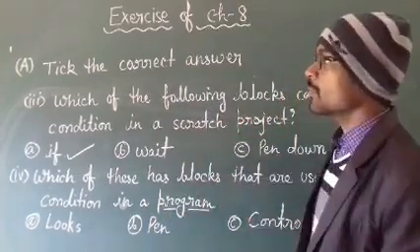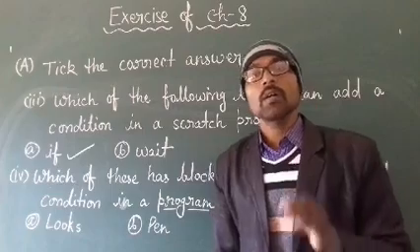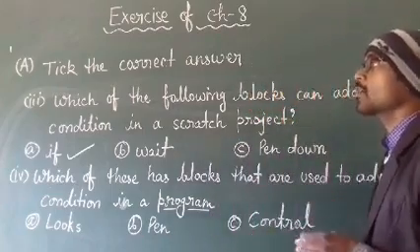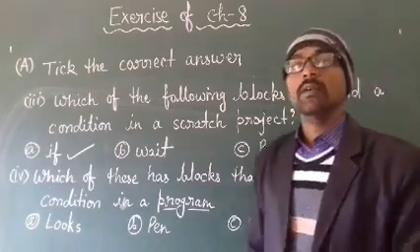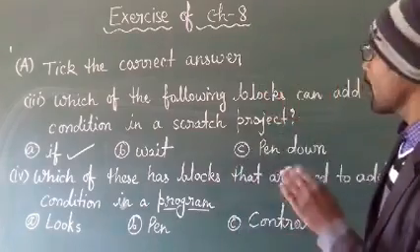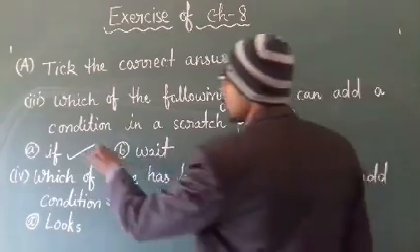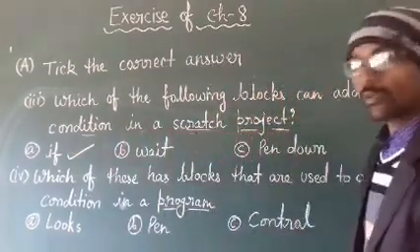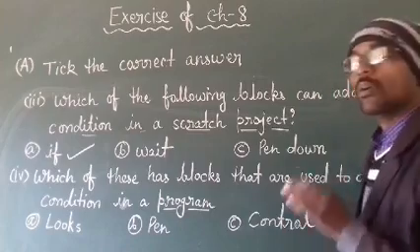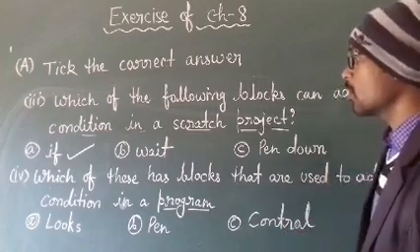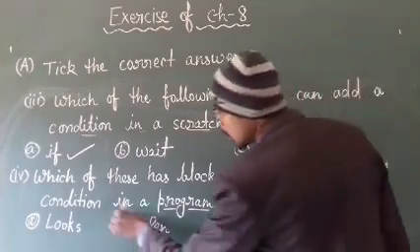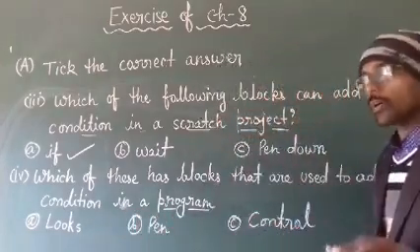There are difference between the question number 3rd and question number 4. Question number 3rd is asking which of the following blocks can add condition in a scratch project, and the question number 4 is asking which of the following blocks that are used to add condition in a program.